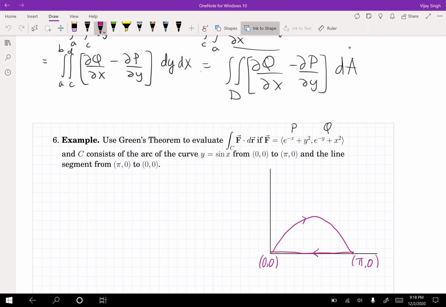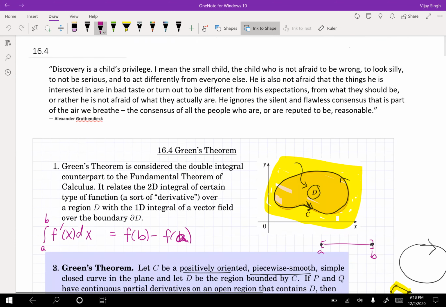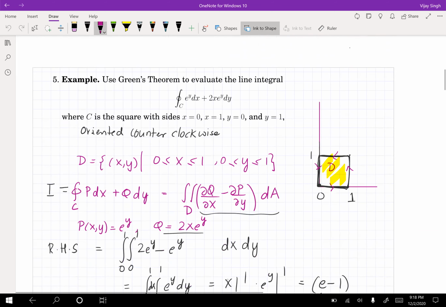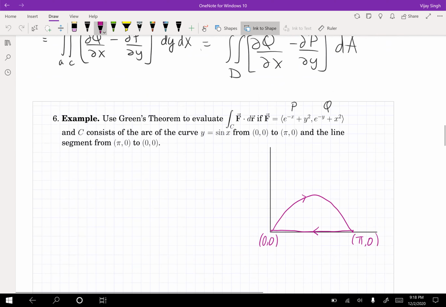So now we'll use Green's theorem, and the way we'll go about it is as follows. Note that this is not oriented counterclockwise. We need a counterclockwise orientation for Green's theorem, right? Positively oriented means counterclockwise orientation. So how do we go about it?